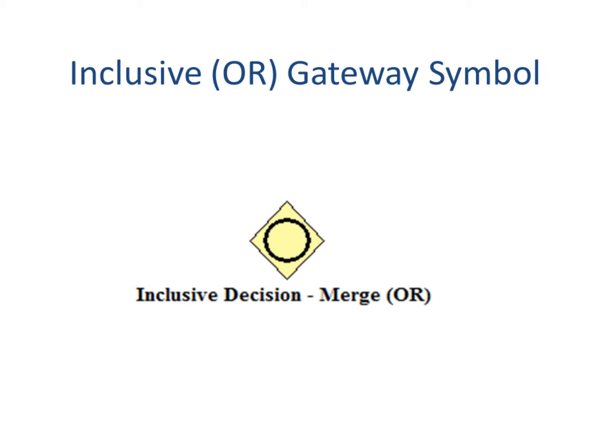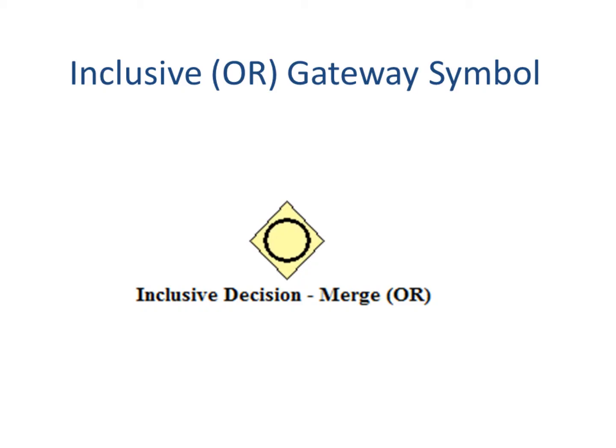The true evaluation of one condition does not exclude the evaluation of other conditional expressions, but one of the conditions must be true. An inclusive decision gateway symbol has a bolded circle within the diamond gateway symbol.